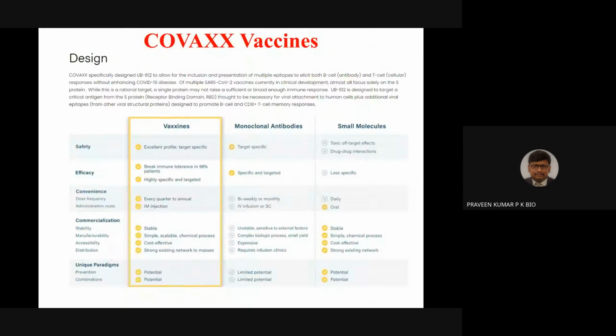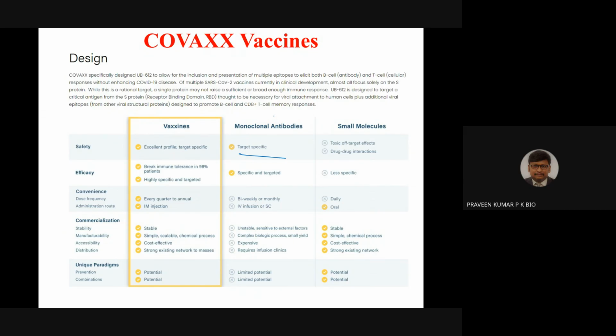I think many of you didn't hear about this because we don't have this vaccine in India. Now, if you take this comparison on treatment of SARS-CoV-2, you know that monoclonal antibodies are very highly specific. They are target specific, especially for treatment of cancer. The best treatment to prolong the lifespan is monoclonal antibodies.